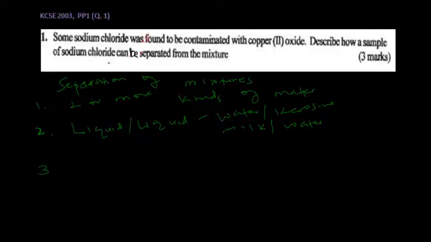Now in liquid mixtures, there is also a quality that you have to know: are they miscible or immiscible? Miscible means they can mix fully together. Immiscible means they do not mix fully together.